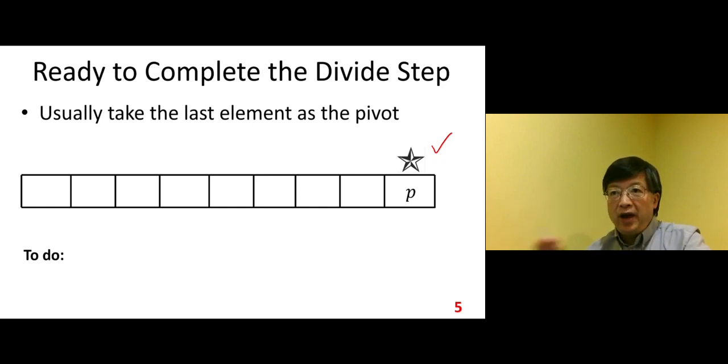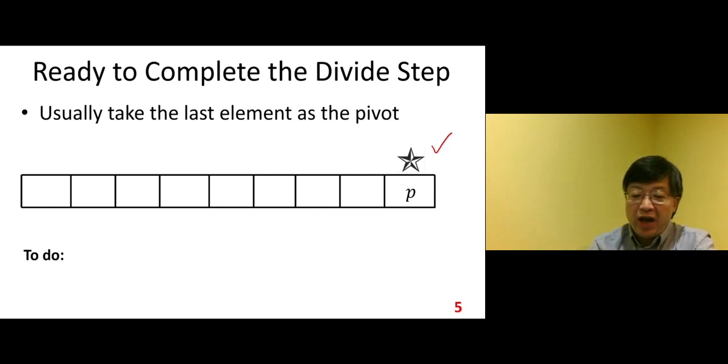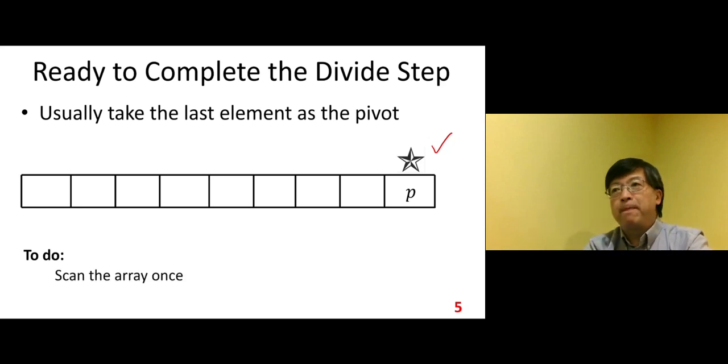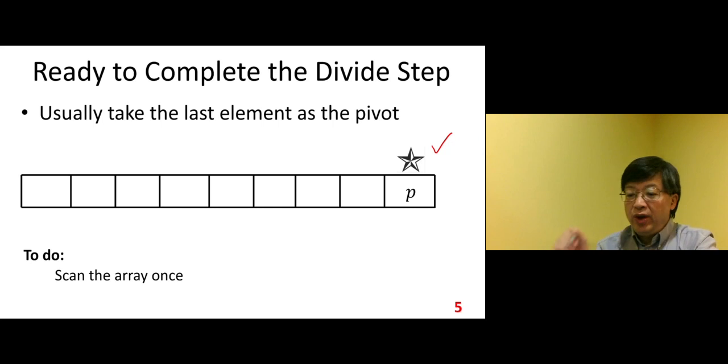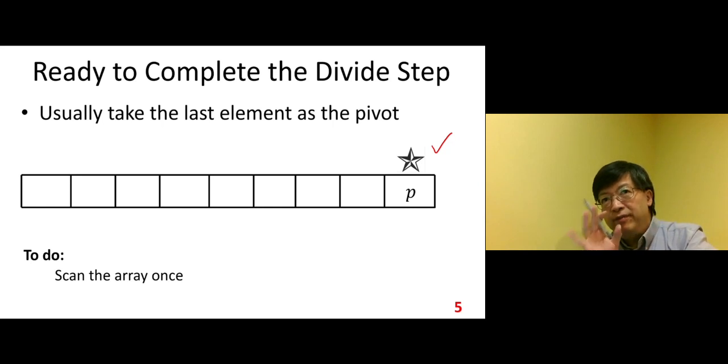To do next, we want to scan the whole array once. In one scan, we want to rearrange the elements to satisfy our key condition. Okay?